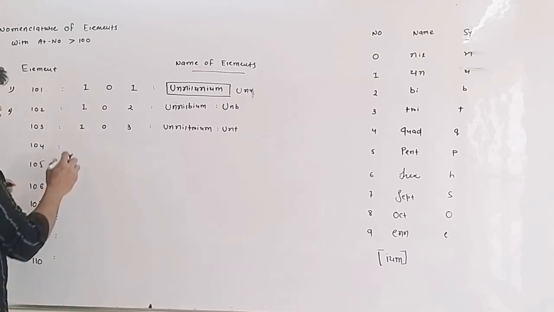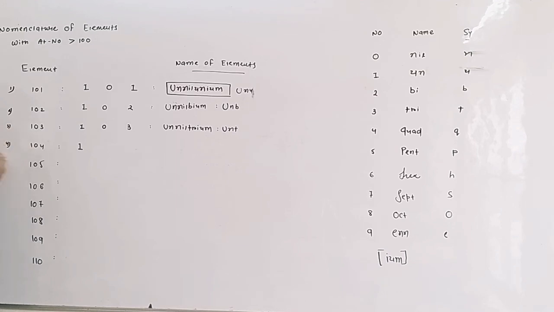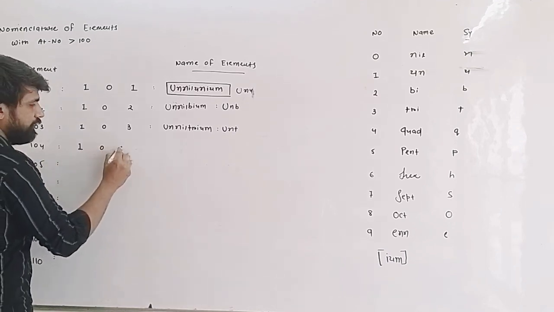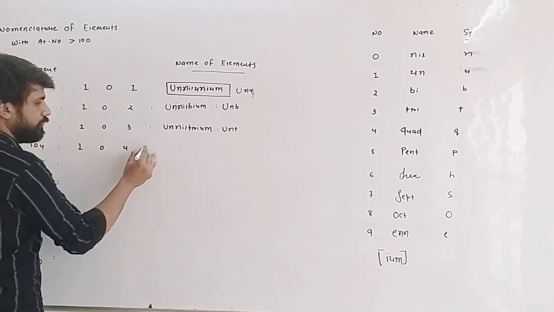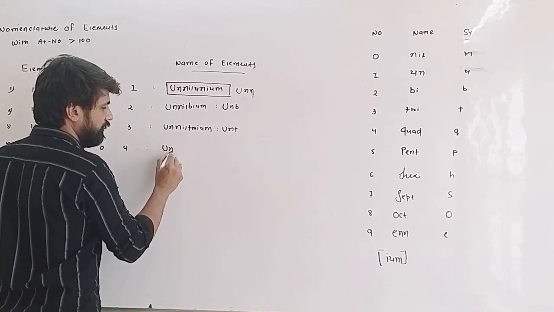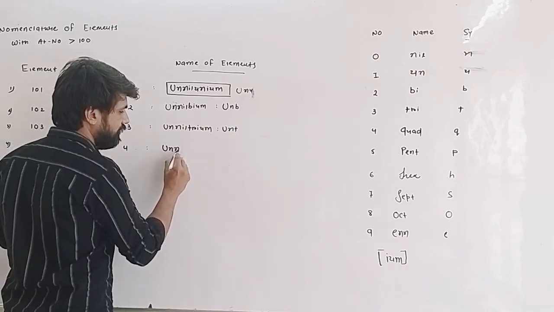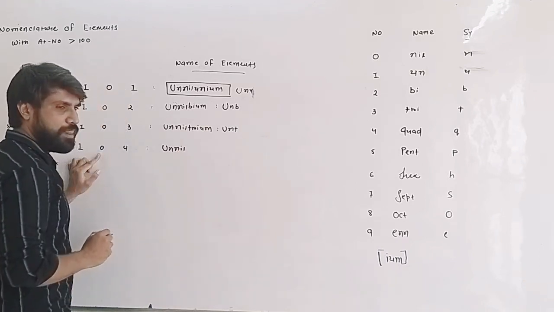Okay, chalo, 1, 0 and 4. The fourth one. So 1 means what? 1 means un. 0 means nil. Un, then nil. Okay?